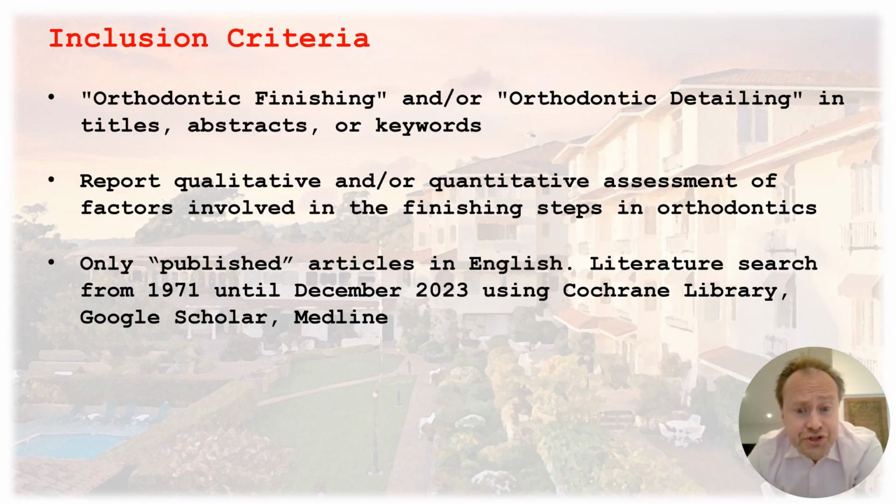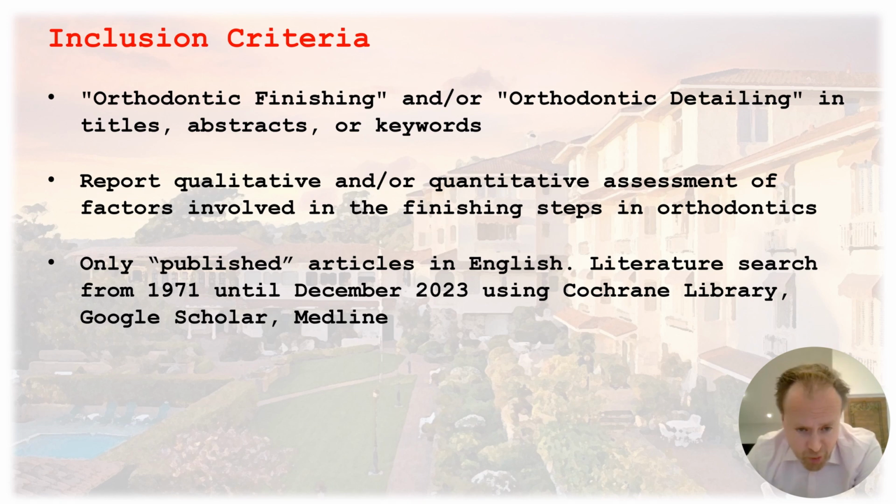What were the inclusion criteria to select those articles? So I decided that the keywords orthodontic finishing and orthodontic detailing needed to be in the title, abstract, or keywords of every single article.